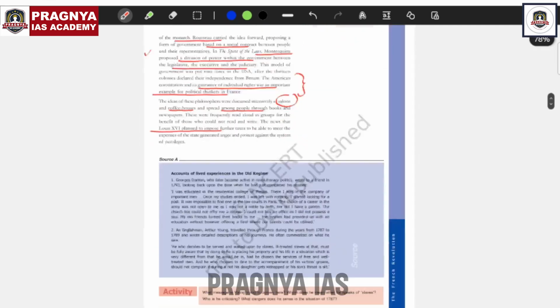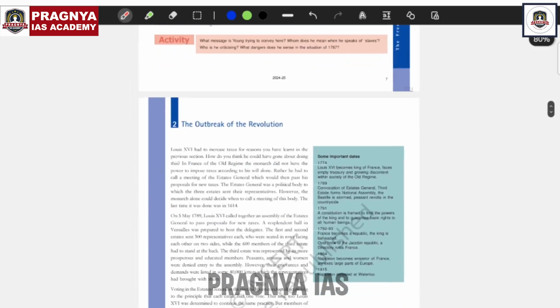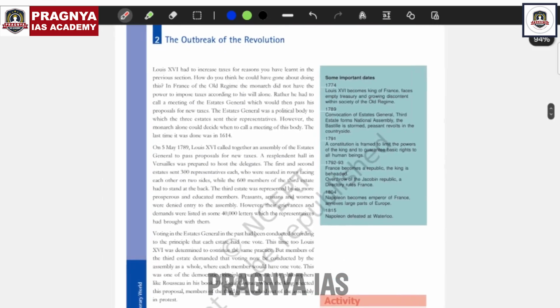The next topic, the outbreak of revolution. See, why Louis XVI increased the taxes, you already know from the first topic. In France, under the old regime, the monarch did not have the power to impose taxes according to his will.